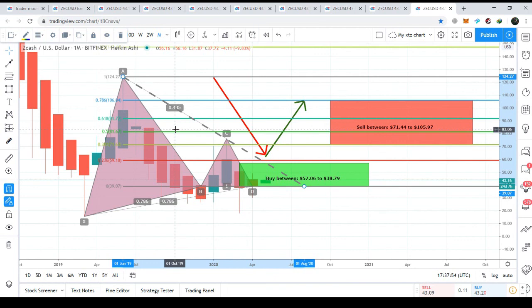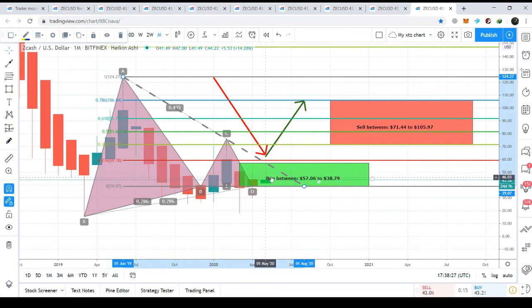So if we compare this Gartley pattern with the Bitcoin chart pattern, in the case of Bitcoin, the Gartley pattern is executed and the price action has hit this sell zone. But at this time, if we watch this pattern on Zcash, then we can see that so far, even after more than a 171% move, the price line is still moving within this buying zone, and a move of more than 170% is due.